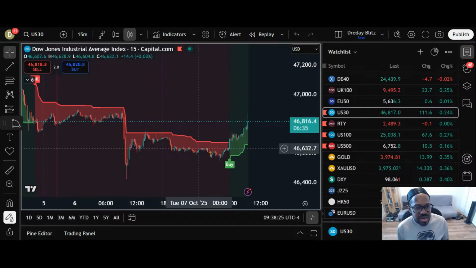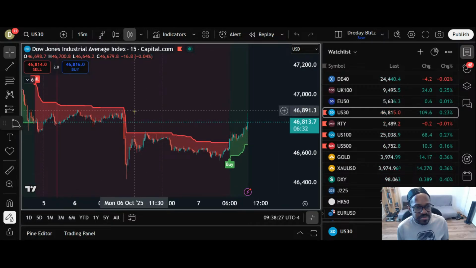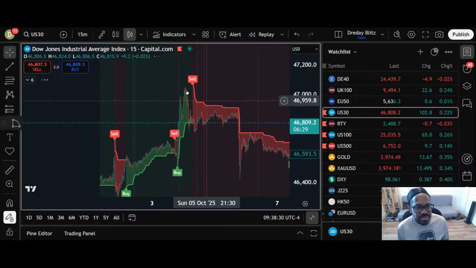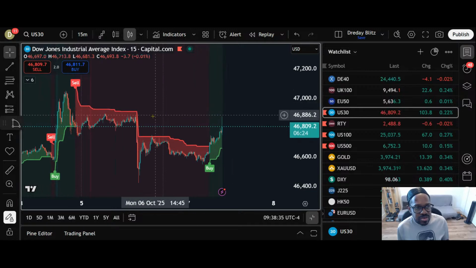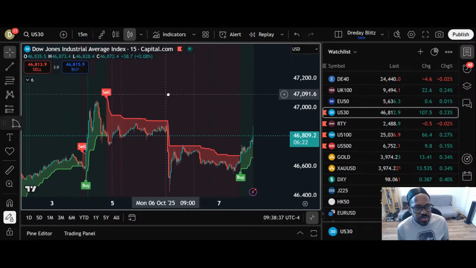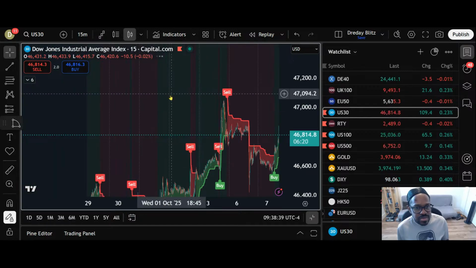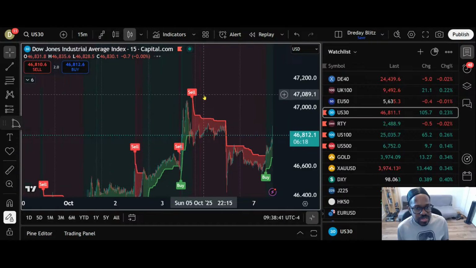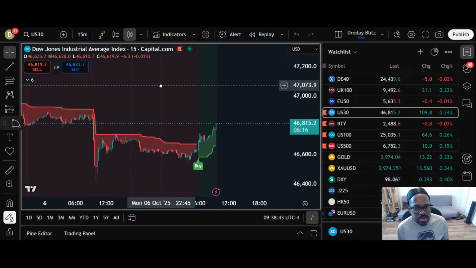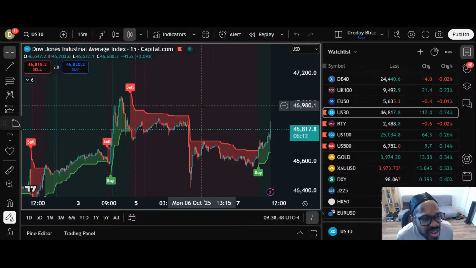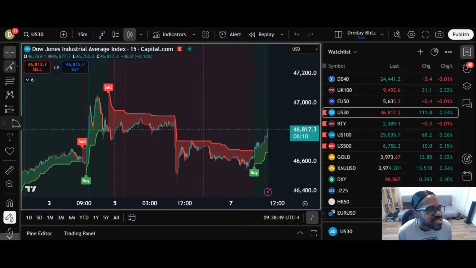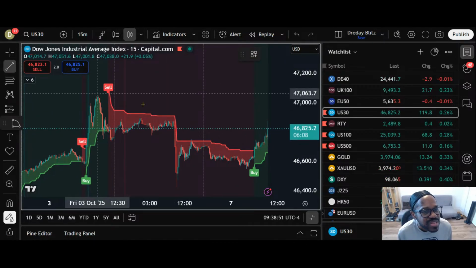As you can see, it's like a cup right here. When I was overall bearish here on US30, maybe it's starting to do a higher low. Yeah, it seems to be creating a higher low right now. So higher low will be considered here at that point.